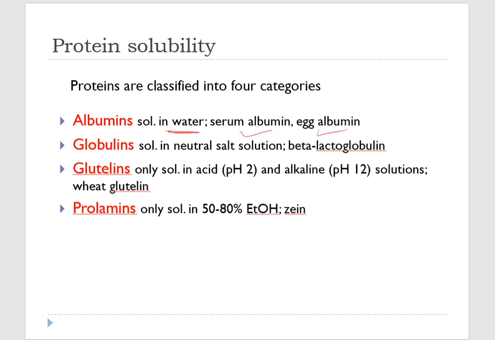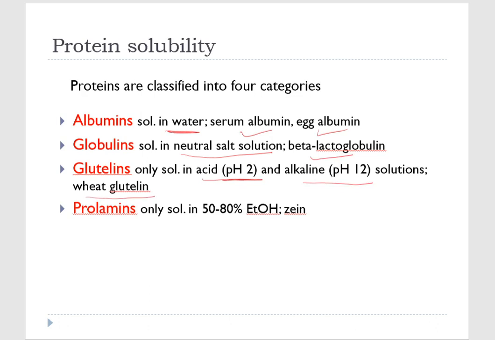And we have globulins that are soluble in neutral salt solutions at pH 7. Example can be beta-lactoglobulin. And glutenins, those are soluble only in acid at pH 2 or alkaline at pH 12 solutions. An example is wheat glutenin.